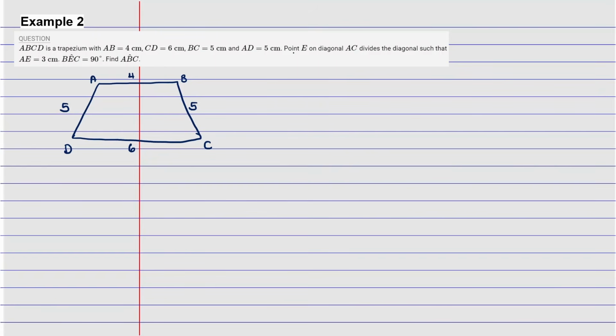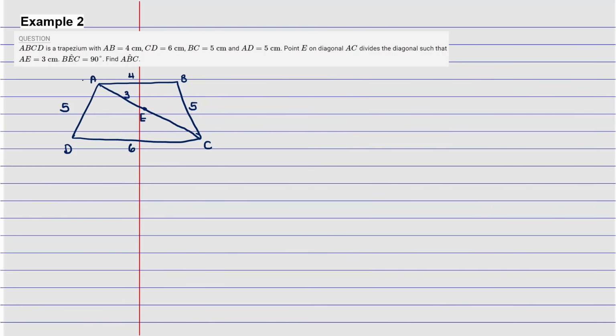Then they tell us that point E is on a diagonal. It's on the diagonal AC. So a diagonal is the line between opposite corners, right? So this line is called a diagonal. Point E is going to be a point here. And they tell us that AE is equal to 3.